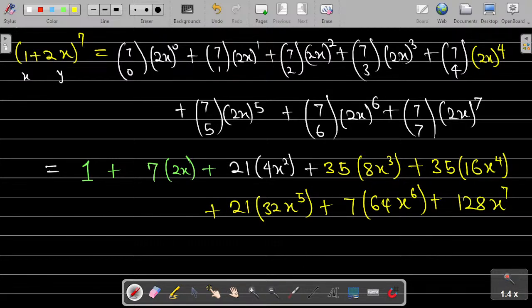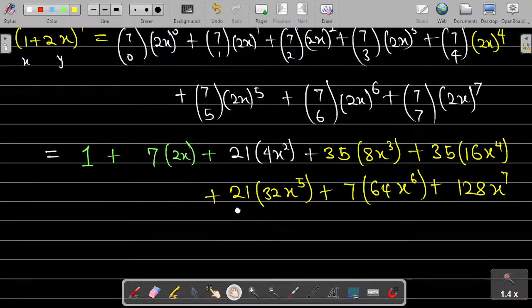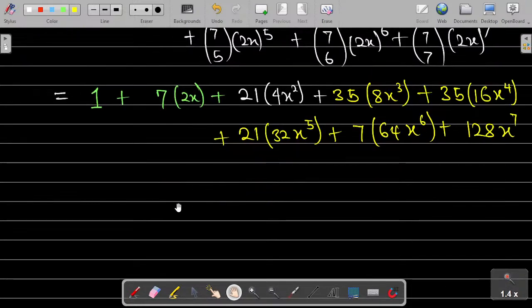Having seen that, all we now need to do is to open our brackets to get our final coefficients.